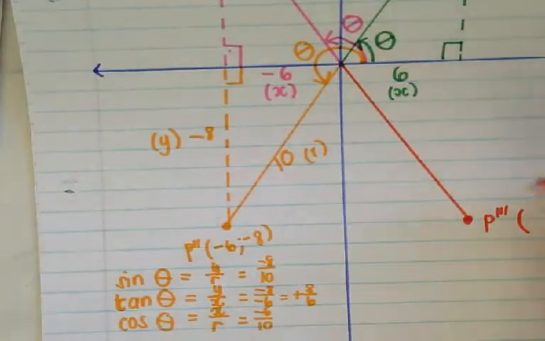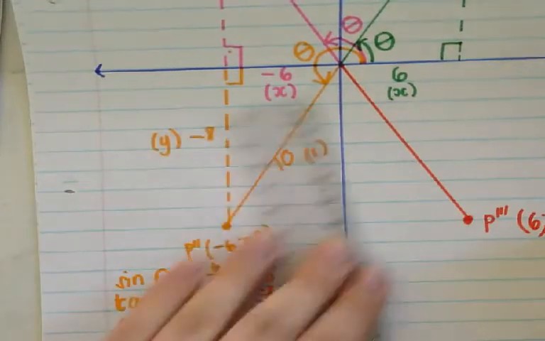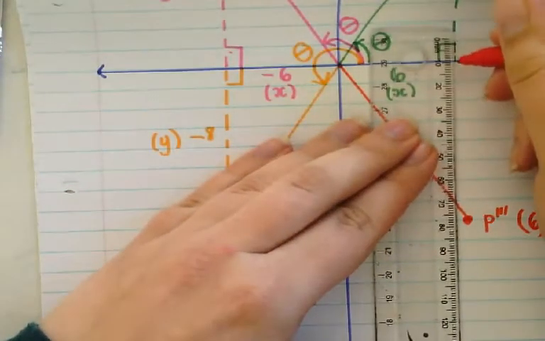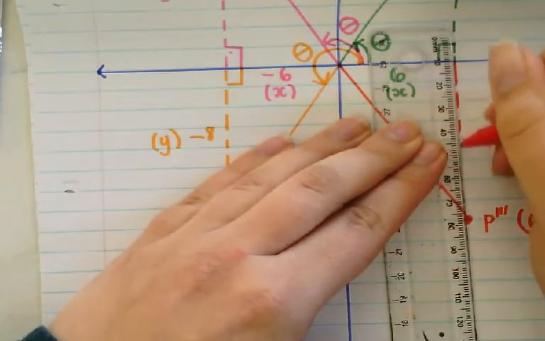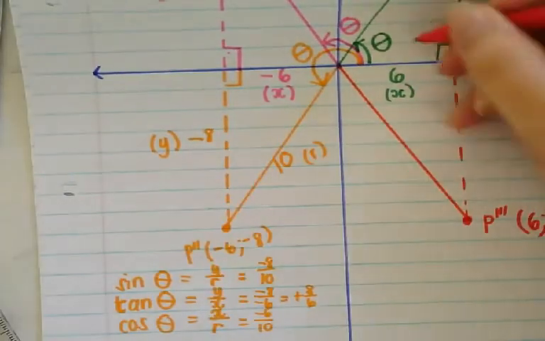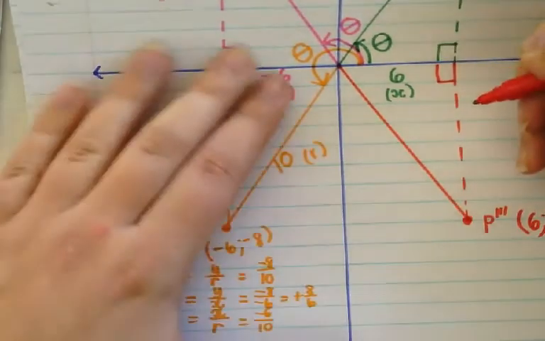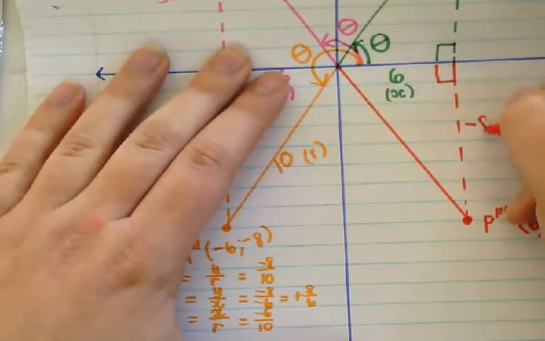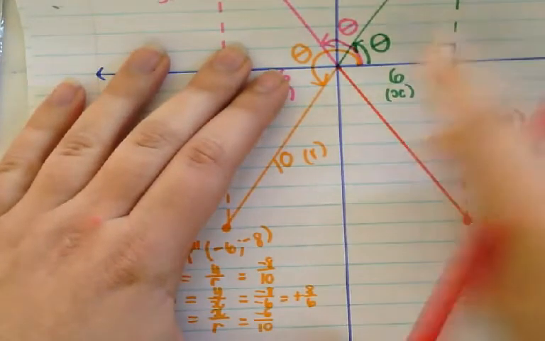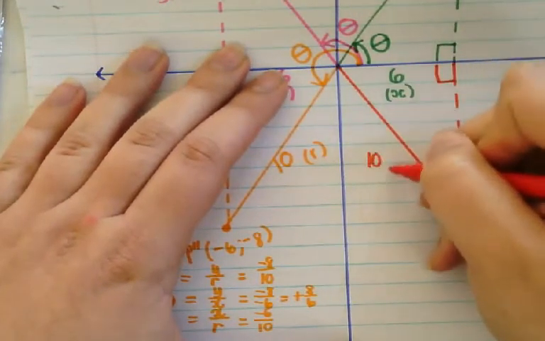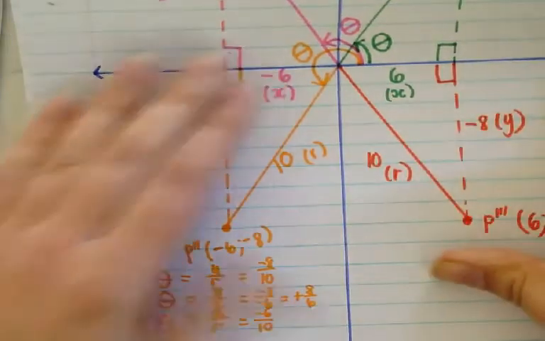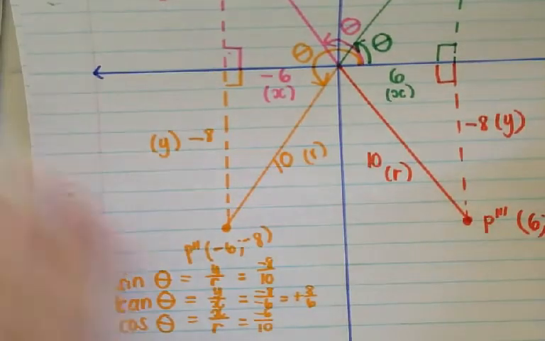My x is positive, but my y is negative. And my 90 degree is formed with the x-axis. I kind of drew that one a bit skewed. That would mean this is negative 8, but it is my y value, positive 6, but it is my x value, and Pythagoras tells me that it is still positive 10.